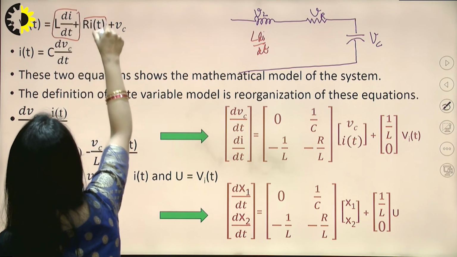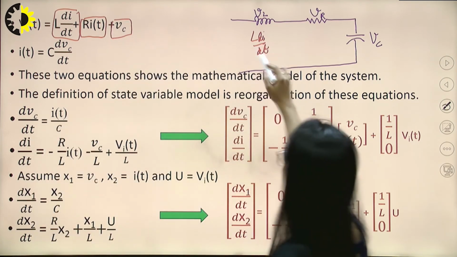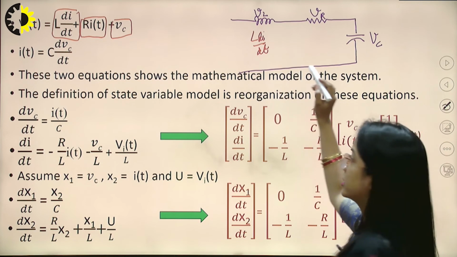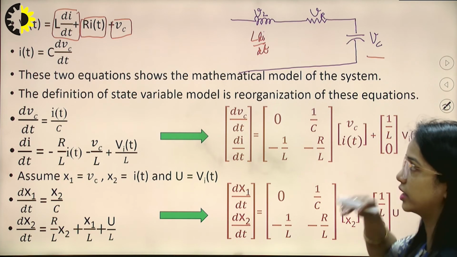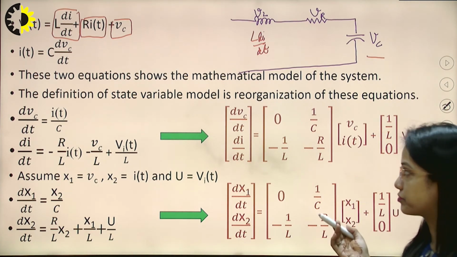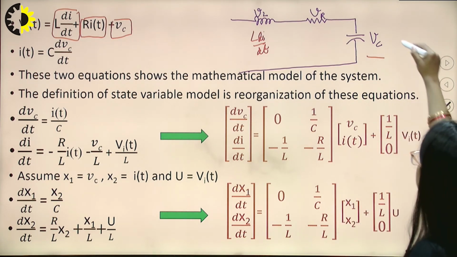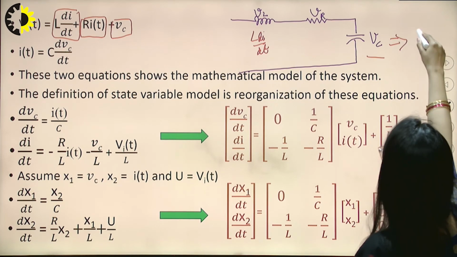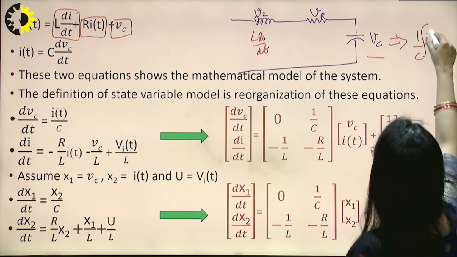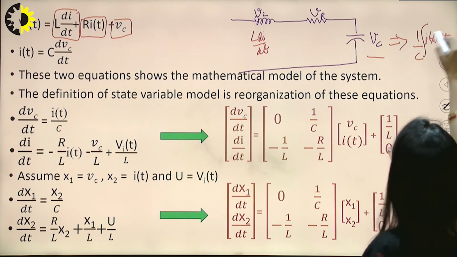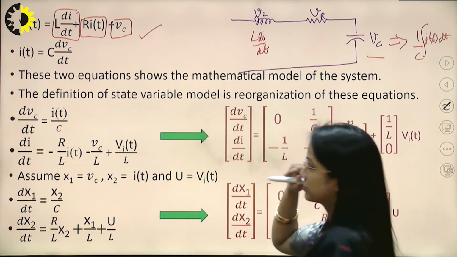And then we have V equals IR. And then let's see the voltage across the capacitor. Presently, we are assuming that the voltage across this capacitor is just VC. Of course, this VC can be written as 1 by C integral I of t dt.